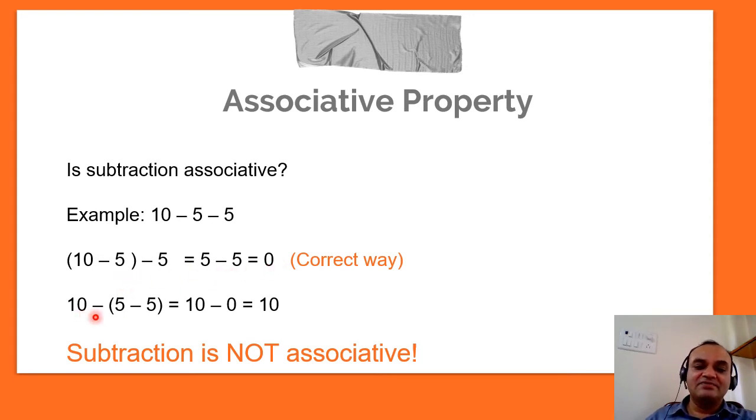And the other way, we will do 5 minus 5 first and then subtract that from 10. So we'll do 10 minus 0 and we will have 10. By the way, the first way is the correct way. While doing subtraction, you should always go from left to right. And the conclusion is subtraction is not associative.